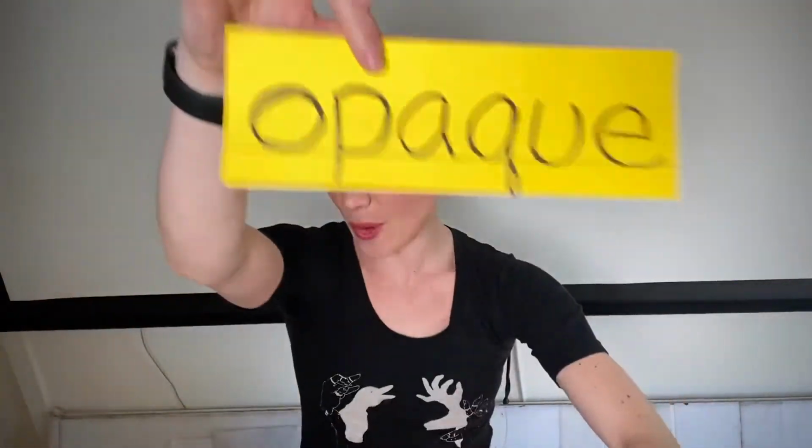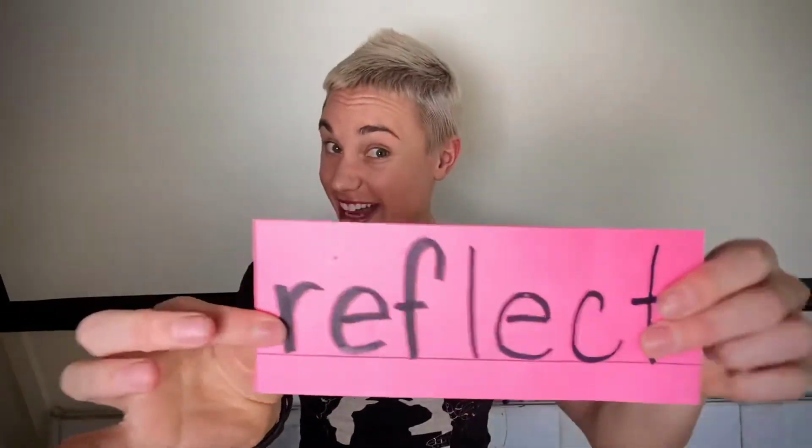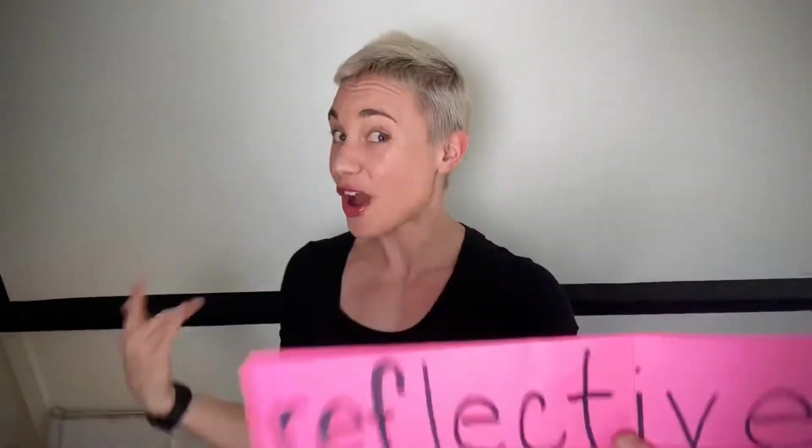We know that opaque and translucent objects exhibit this principle of selective absorption. That means that they absorb some wavelengths of light and they reflect other wavelengths of light. And something that is so shiny that it has an image directly in it, we call reflective. These are all words that you might want to use for your acrostic poem.